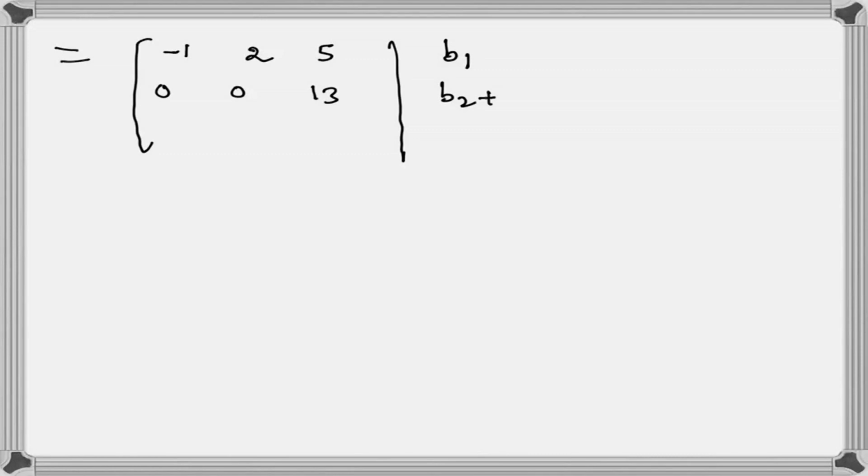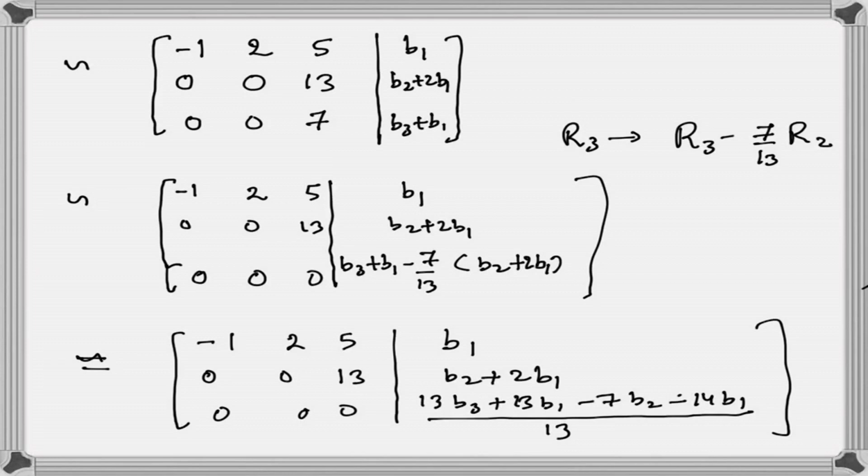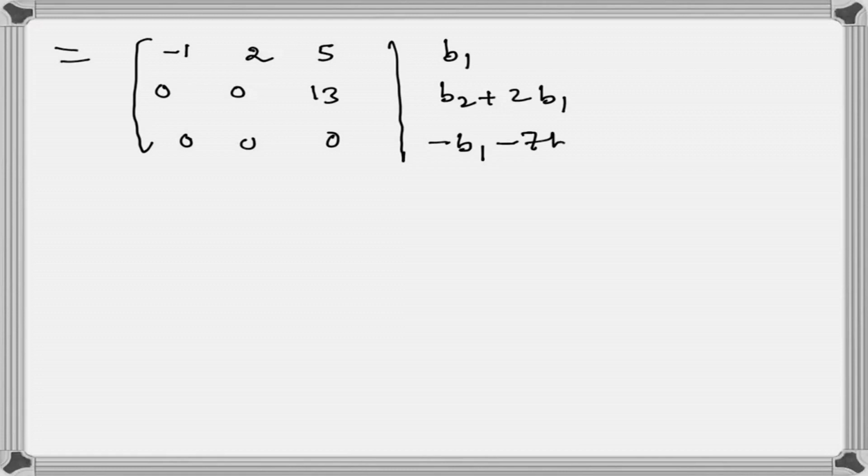So we get the following system: minus 1, 2, 5, b1, 0, 0, 13, b2 plus 2b1, 0, 0, 0, and here we get minus b1 minus 7b2 plus 13b3 divided by 13.